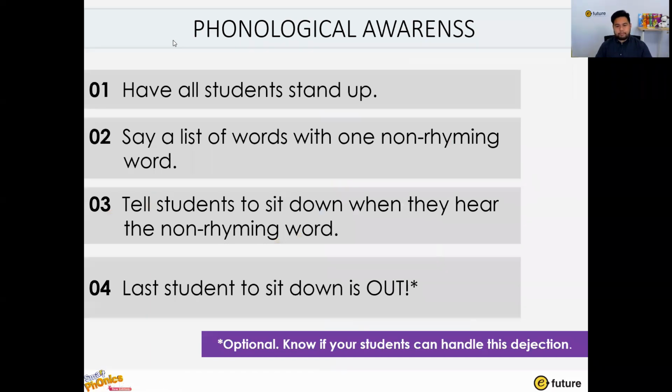But in those lists of words, you would have a word that doesn't rhyme. And when the students hear the non-rhyming word, they all have to sit down. Then depending on how sensitive your students might be, you can do a last student standing. So the last student to sit can be out, essentially. So it's another activity you can do.